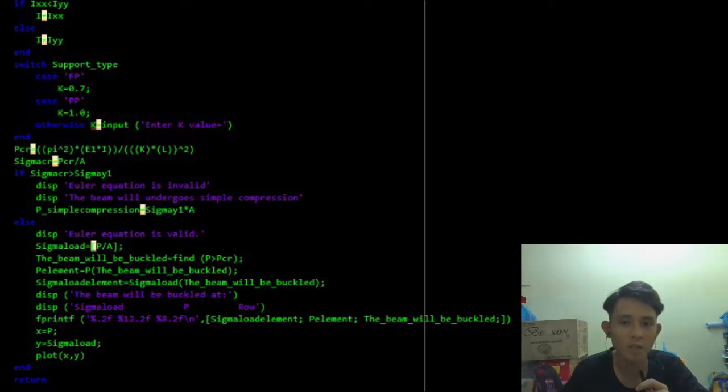However, if the critical stress is smaller than the yield stress, then we show the statement that the Euler equation is valid and find the buckled stress. Lastly, we use the fprintf command to produce the table and the plot command to produce the graph.